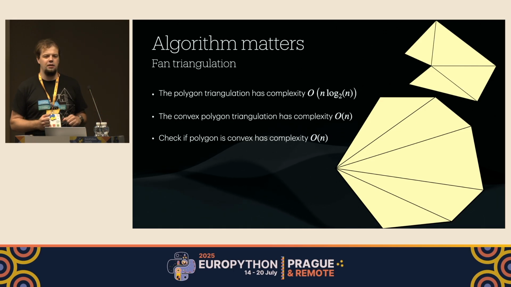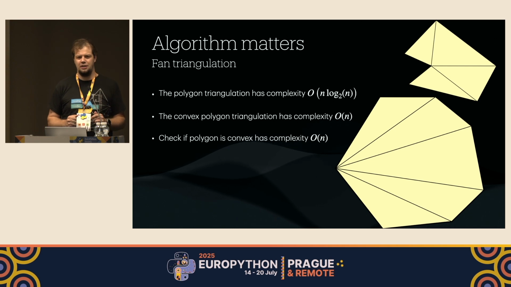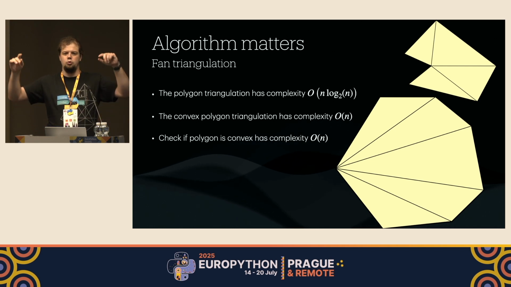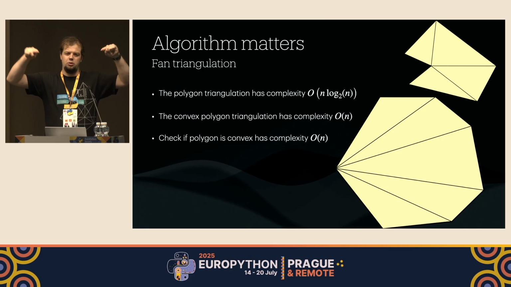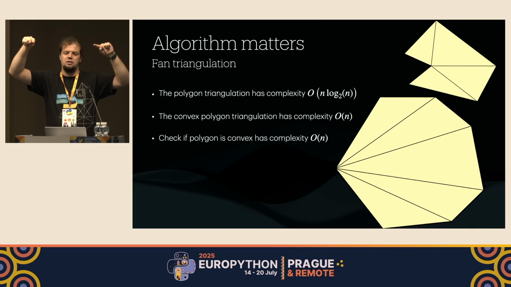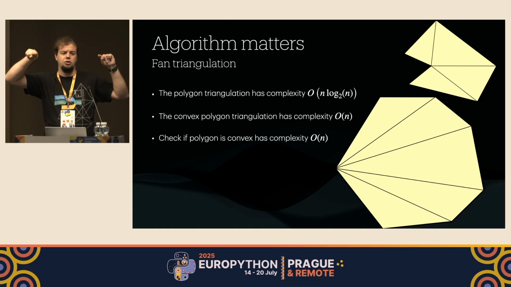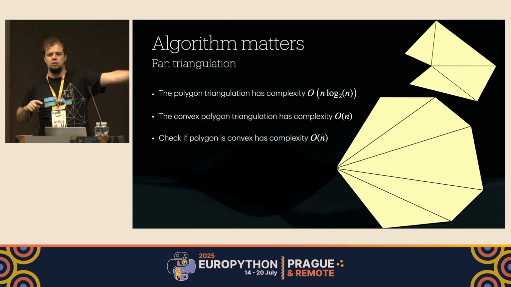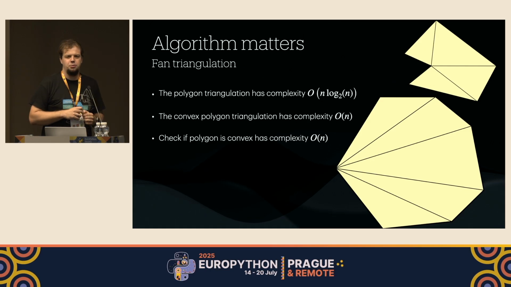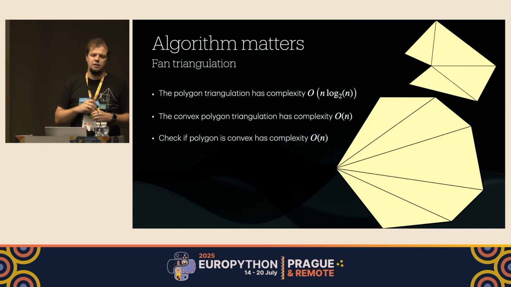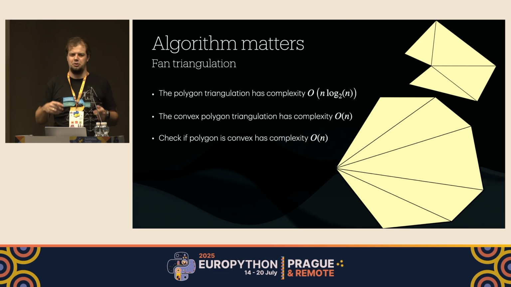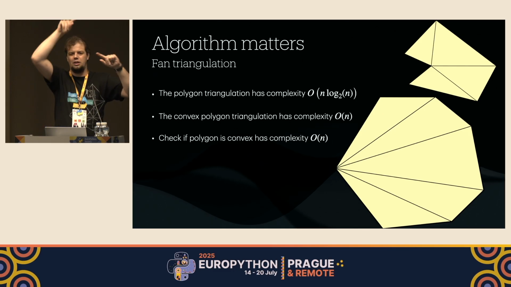But if you find that your polygon is convex, so convex means that if you take any two points of the border of the feature and draw a line between them, there will be no intersection with the edges of the feature. You might see that the bottom one is convex, the upper one is not convex. So if we could find that the polygon is convex, we could triangulate it with fan triangulation as shown, and it is linear. Because we select one point and draw the lines and we are happy.